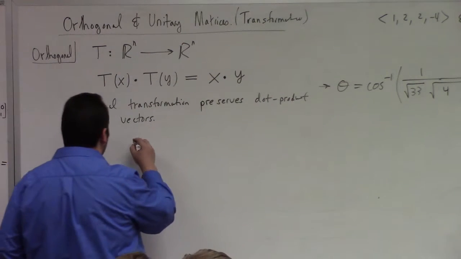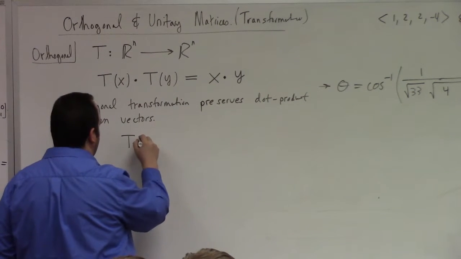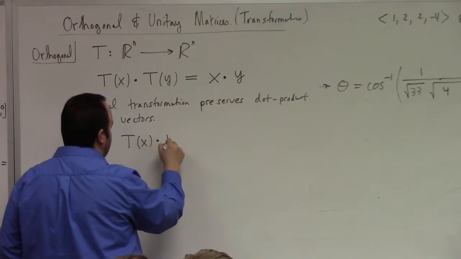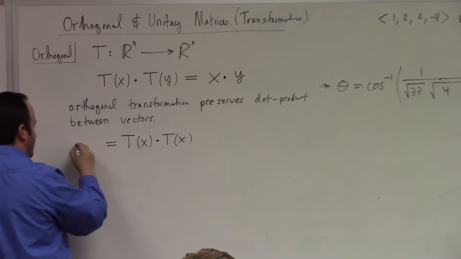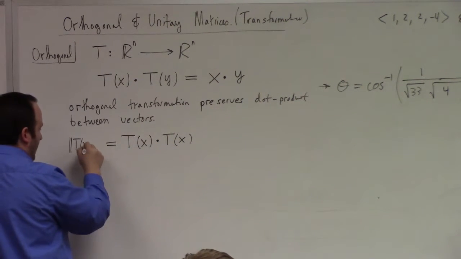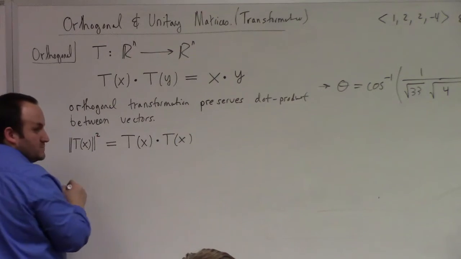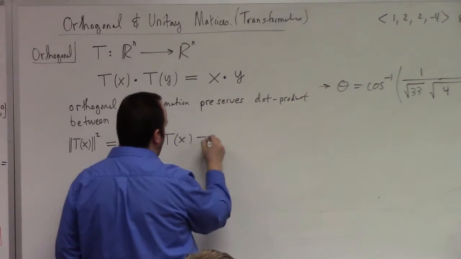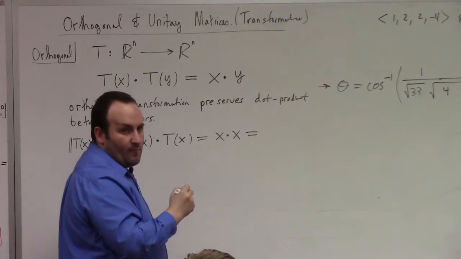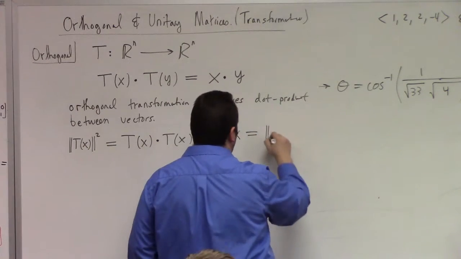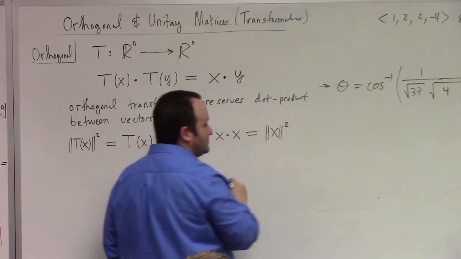It's proportional. That's true, but we can be stronger than that. T of x dot T of x is what? This is by definition, essentially, the length of T of x squared, which is the length of x squared.